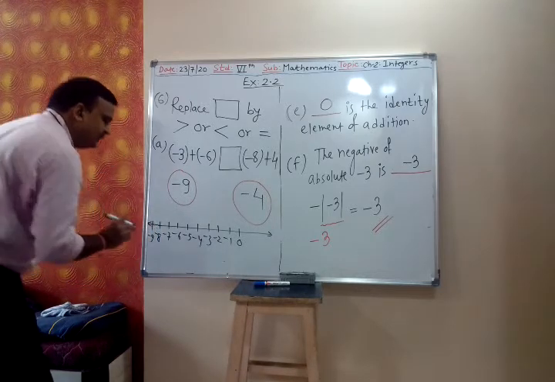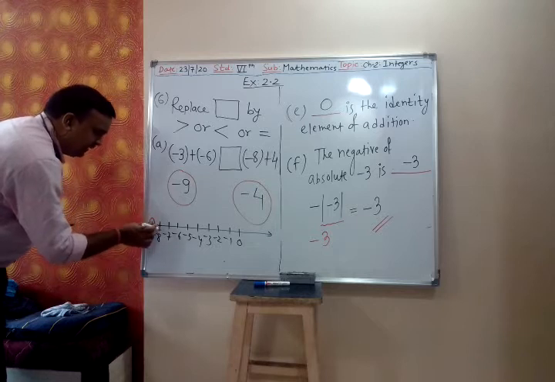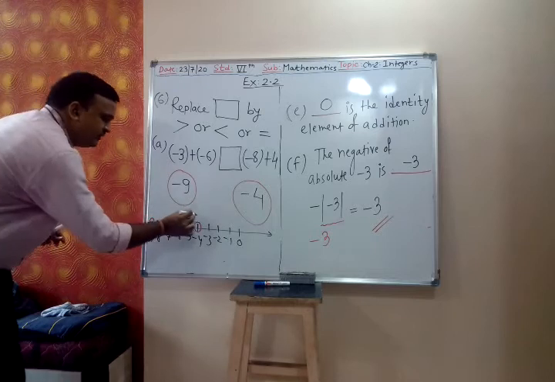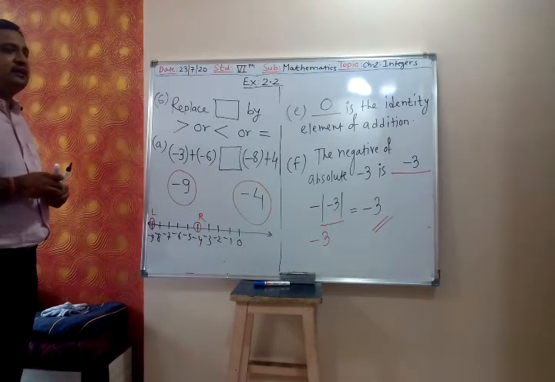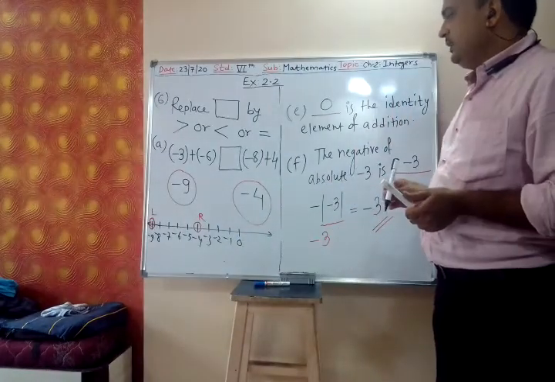Now this is my minus 9 and this is my minus 4. Which number is on the right? The number on the right is bigger. Yes, minus 4 you have to circle.